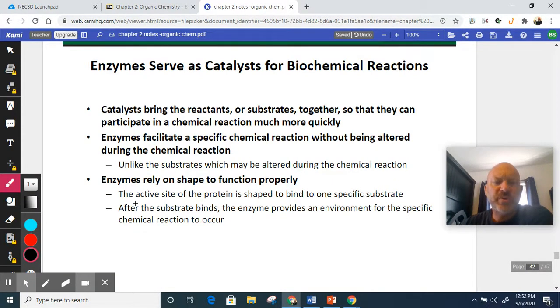Some proteins work as what are called enzymes. An enzyme is a specific protein that speeds up a specific chemical reaction. You have enzymes in your mouth and in your stomach. These are digestive enzymes, and what they do is grab onto food nutrients and break them apart quickly.